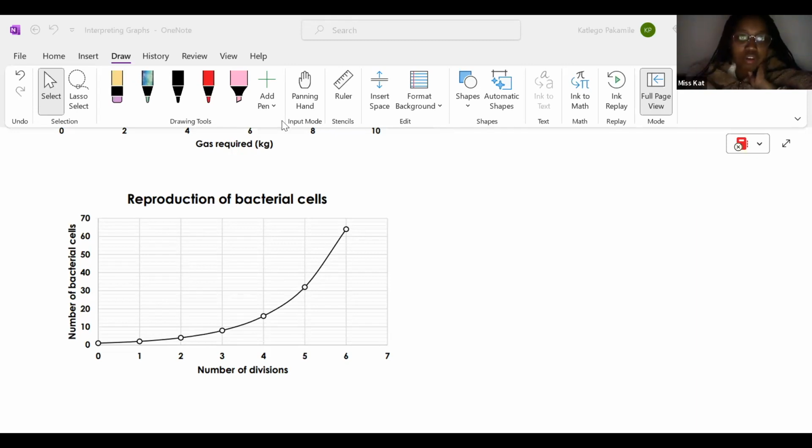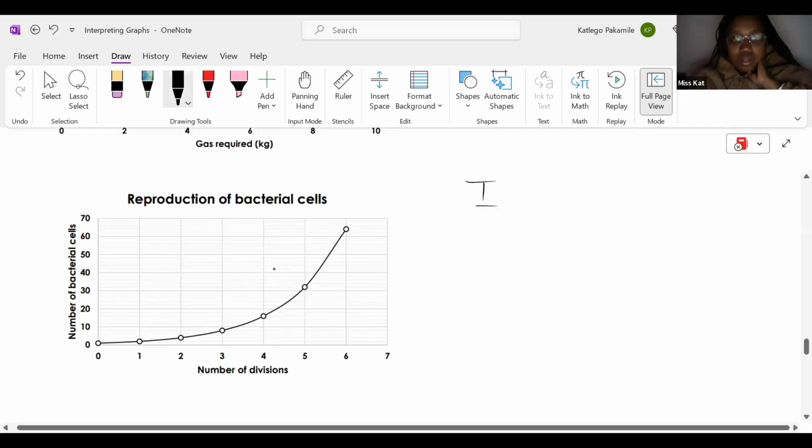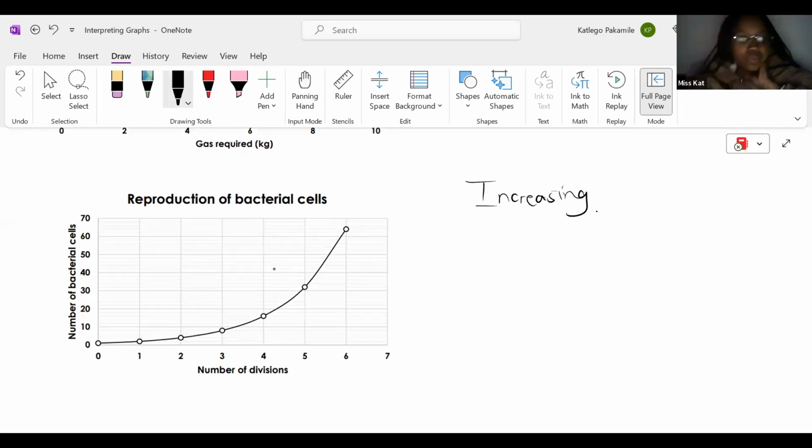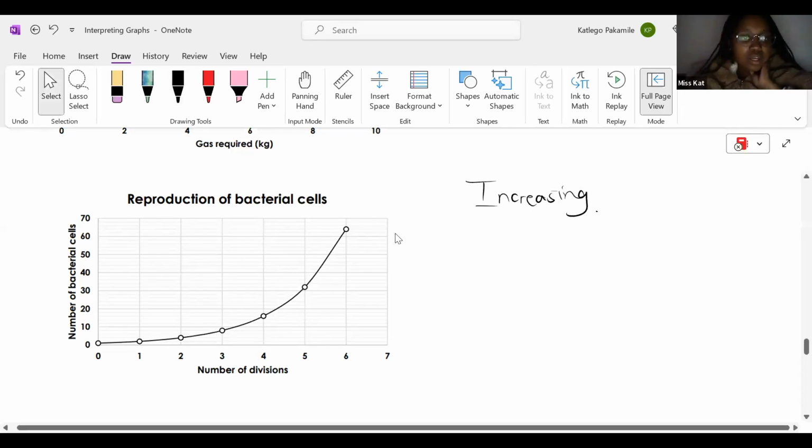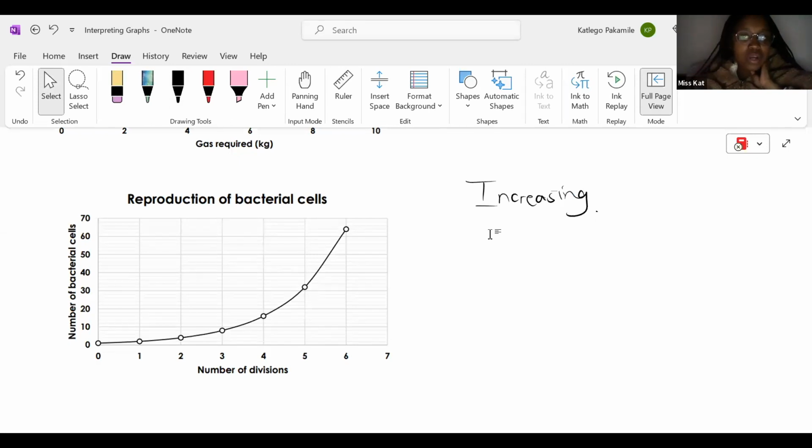It's just over 30 of us in here. Okay, we're all saying increasing, right? So now we all know how to identify it. So this would be an increasing graph, right?